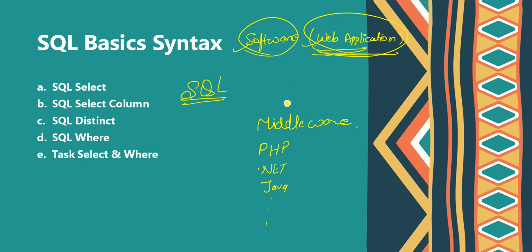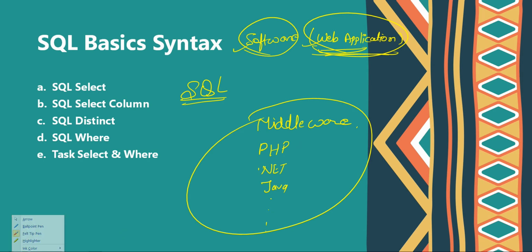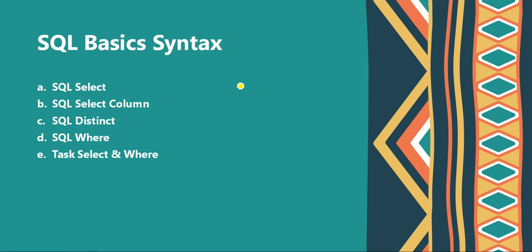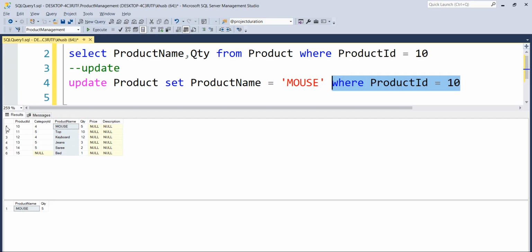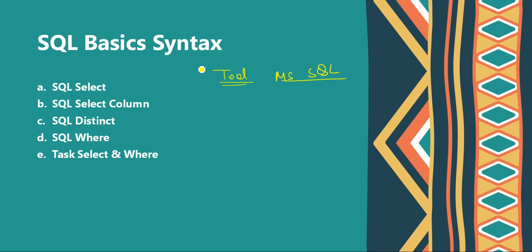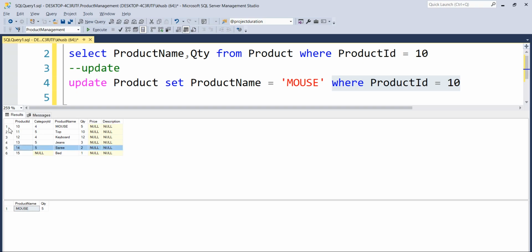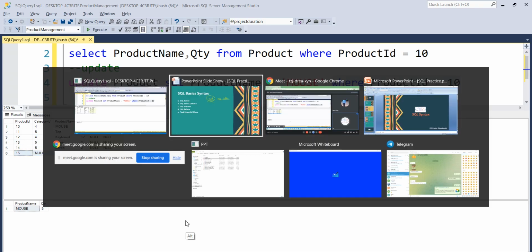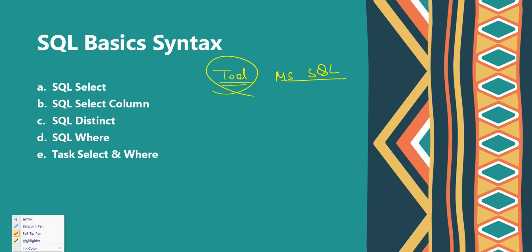But for now, we are only going to use our tool called MS SQL. So for now, we cannot print this data to the browser or to PDF or Excel formats. For now, we are only going to show this result in our database only. So that's not possible right now.